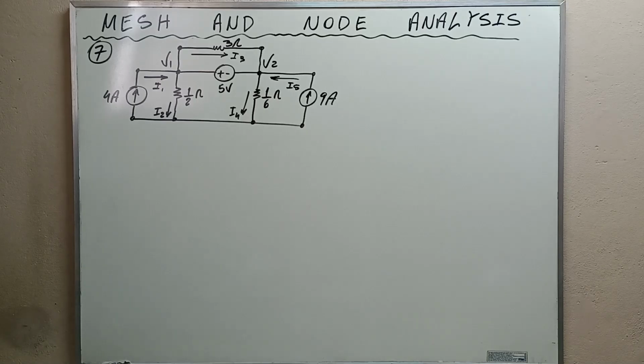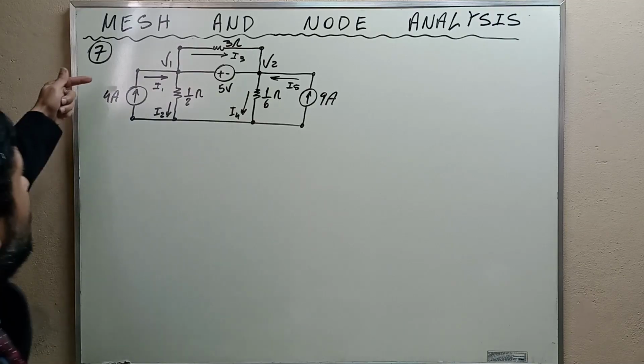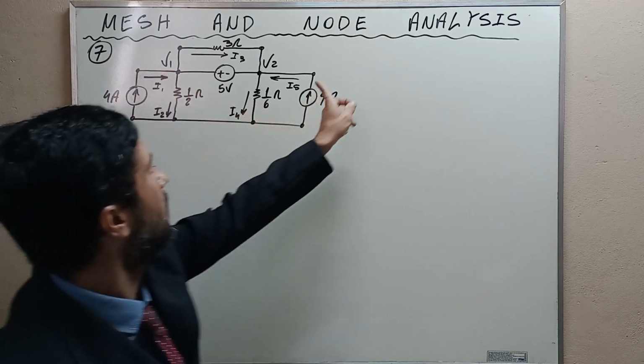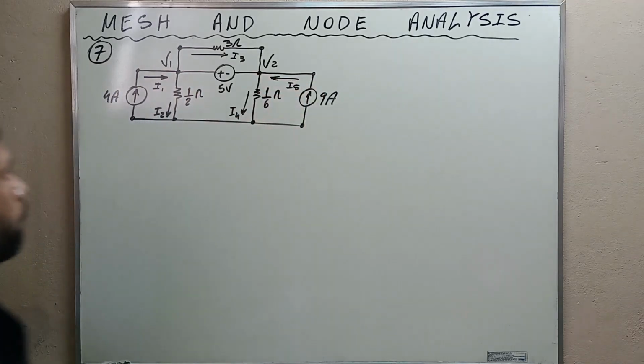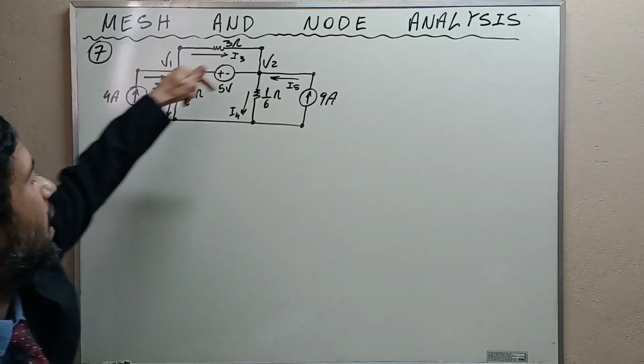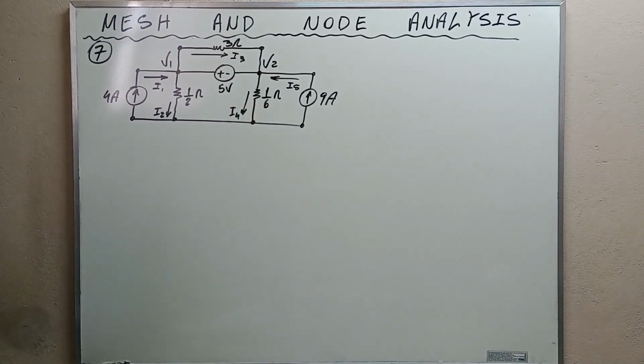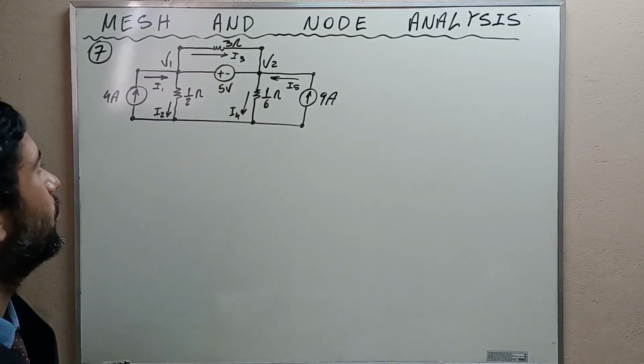Looking at the supernode, we see that currents I1 and I5 enter the node. And the currents I2 and I4 leave the node. We are going to neglect I3, okay?